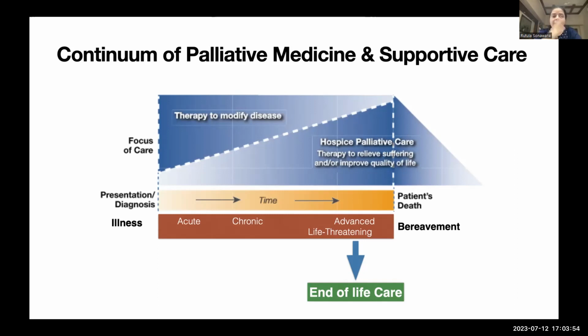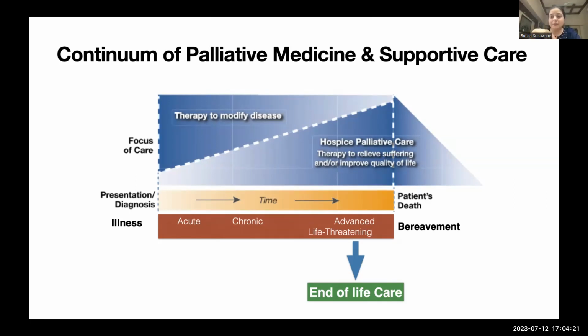But over the period, as the branch has developed, it is now seen that it should be started as soon as a life-limiting or an advanced chronic disease has been diagnosed. And it goes hand in hand with the disease-modifying treatment and also extends beyond the death of the patient to bereavement care.